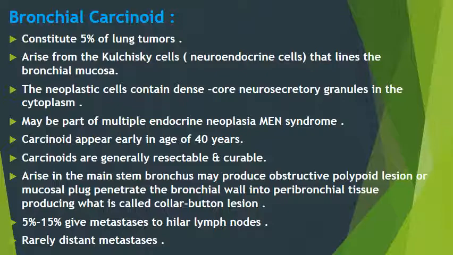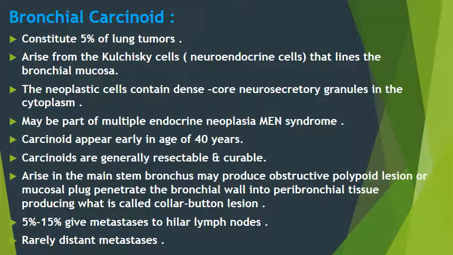Usually it arises in the main bronchus, may grow and enlarge in size and cause a polypoid lesion that obstructs the bronchial wall, sometimes extending into the peribronchial tissue. It looks like a collar button lesion, like a shirt button.